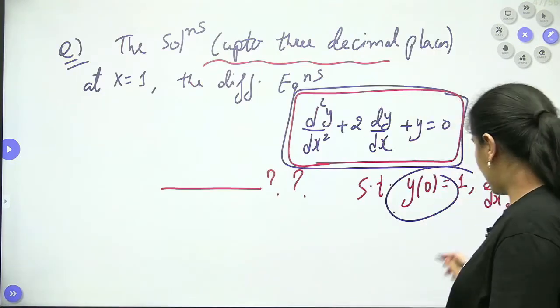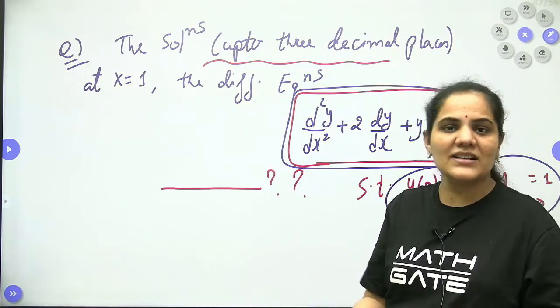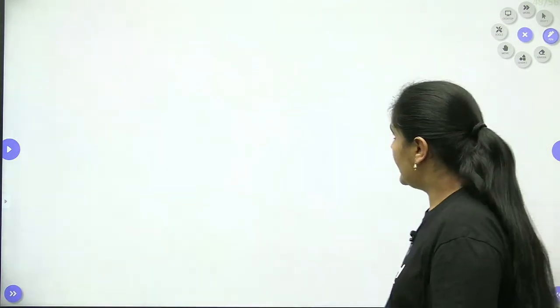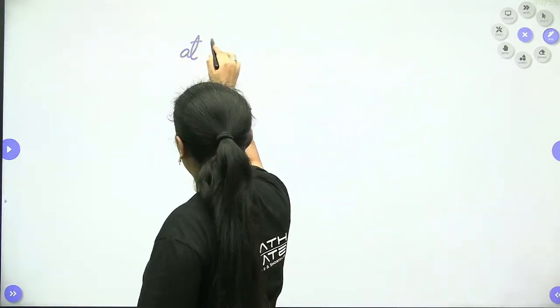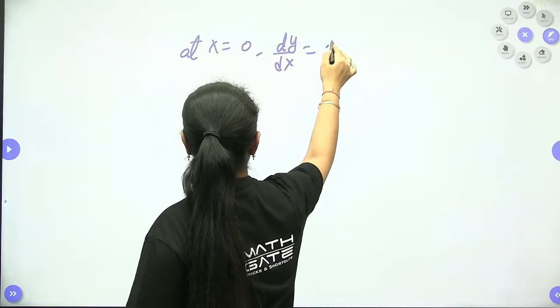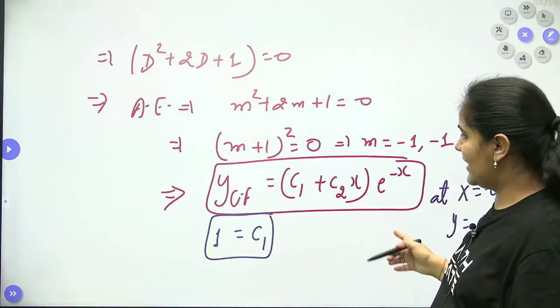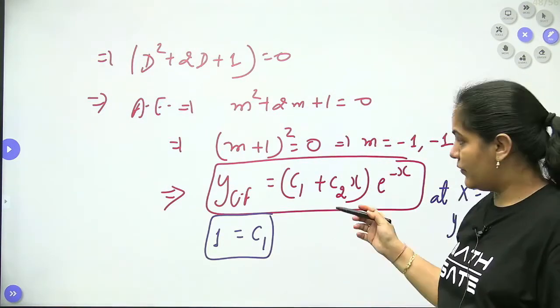The second is at x equals 0, the derivative dy by dx equals 1. For this case, we have to find the derivative of the CF.